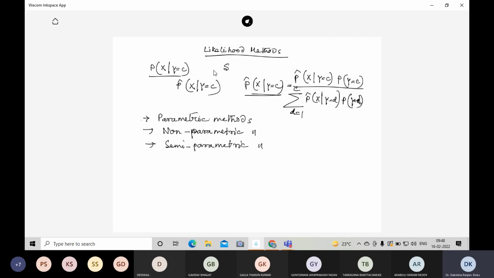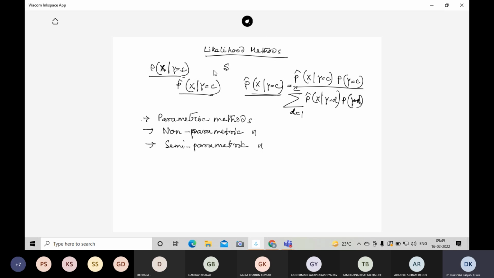So the initial assumption that we make in likelihood method is that we need to estimate the probability of the likelihood which is drawn on the feature vector x when class information y is given. Okay, so probability of x given y equals c.